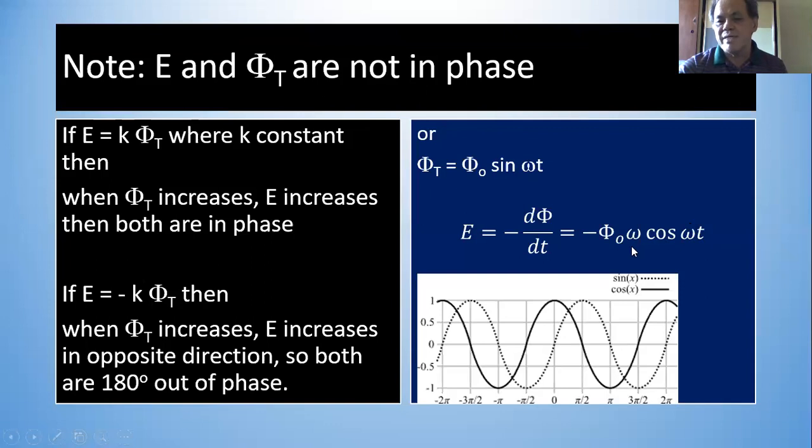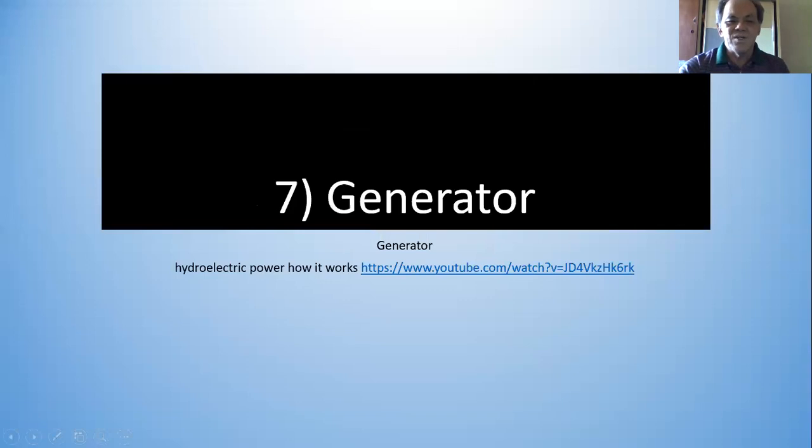Differentiate omega t, it becomes omega. So we can see there's a negative sign there. And this is sine, this is cos, so straight away they are not in phase. So that's why I say maths is easier to see. Explaining it is harder, but with maths it's easier to see. Okay, more or less completed.